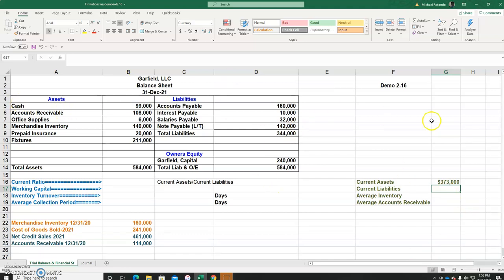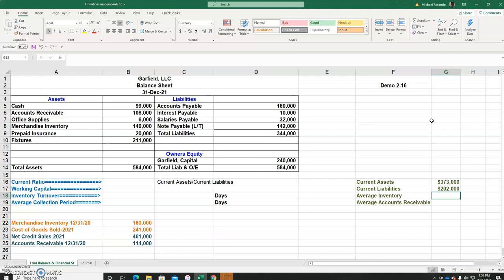Now our current liabilities would include the accounts payable plus the interest payable of 10,000 plus the salaries payable. So that gives us 202,000.